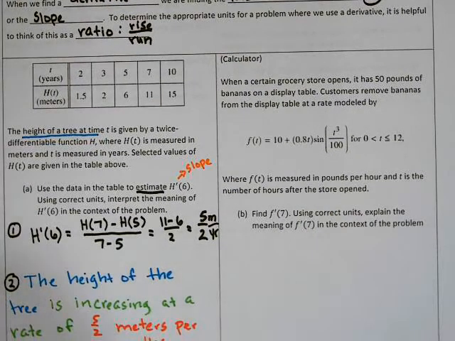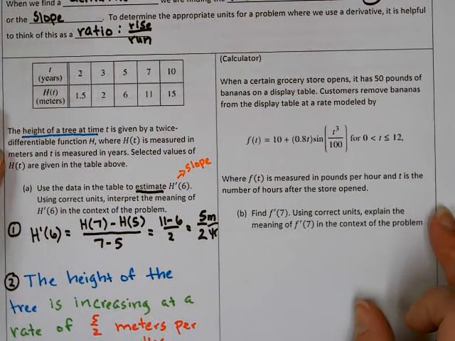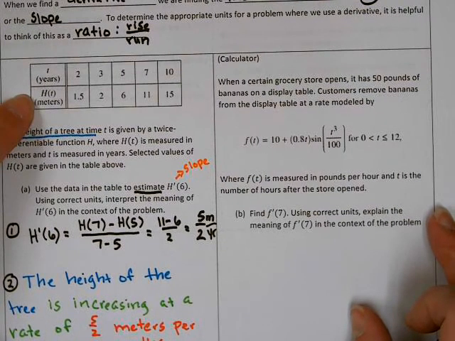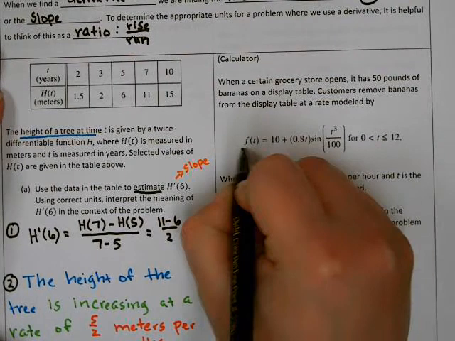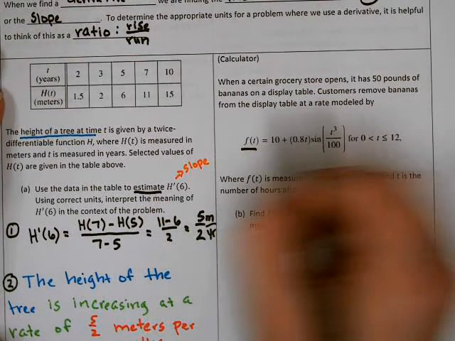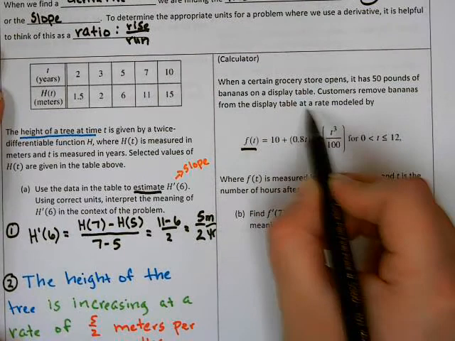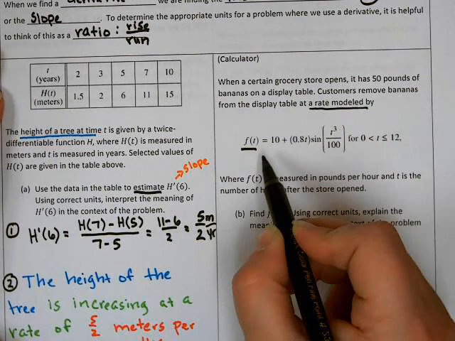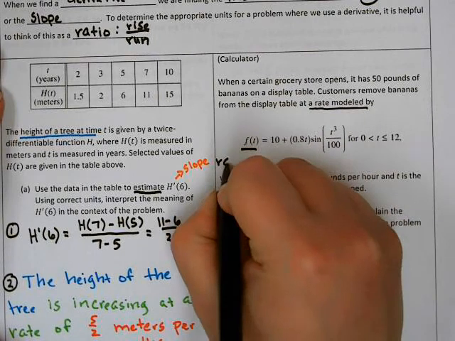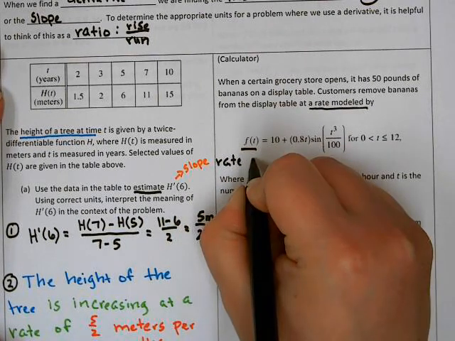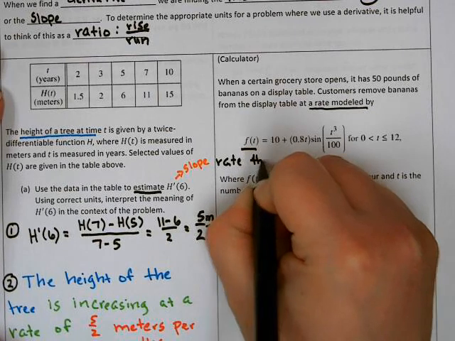So before we do anything, I want to figure out exactly what this function is telling me. We knew in the last one, h of t was measuring the height of the tree. Well, in this one, it says that customers are removing the bananas from the display at a rate modeled by f of t, which means f of t is the rate that customers remove bananas.